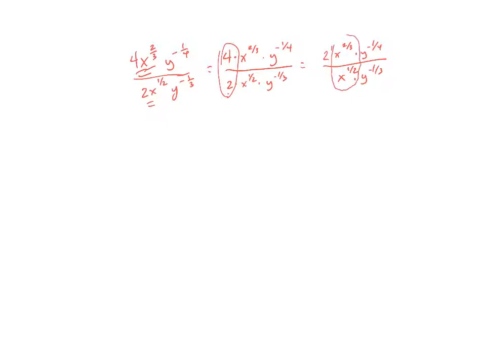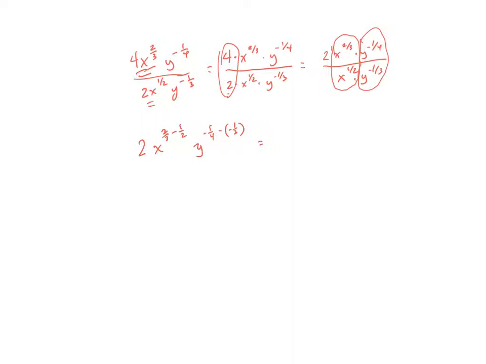So I have these two things, which are both x's, and these two things, which are both y's. They have common bases, so I can use those power rules for division that we talked about before. So this would be 2 times x to the 2/3 minus 1/2, and this would be y to the negative 1/4 minus negative 1/3.